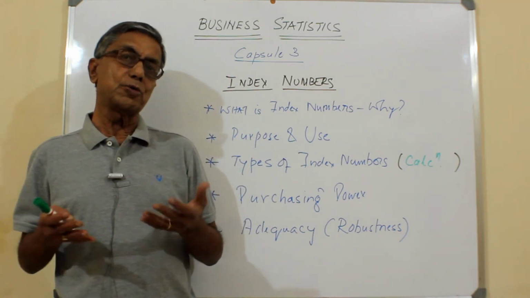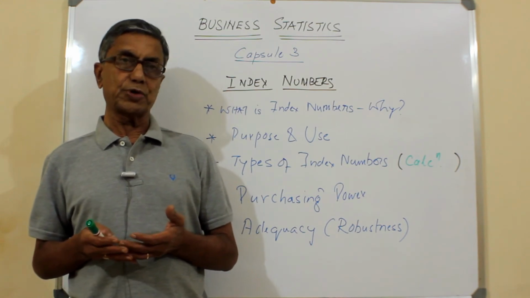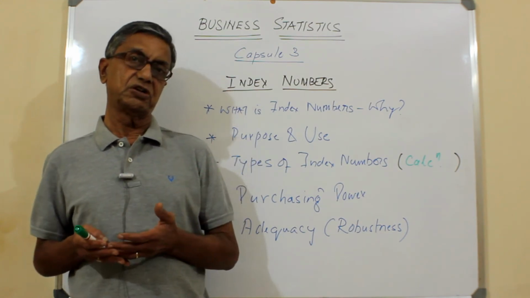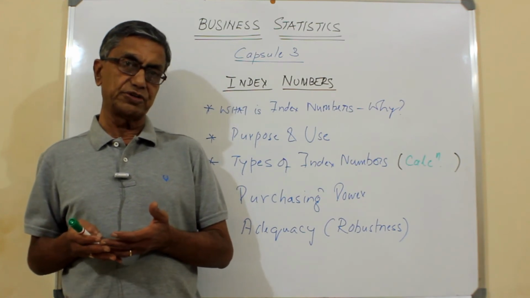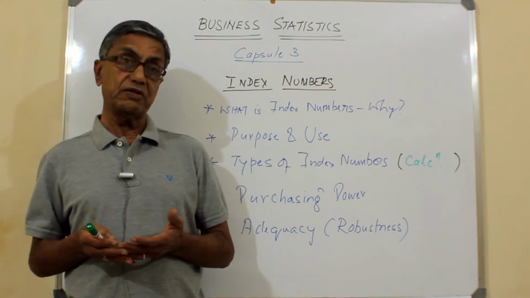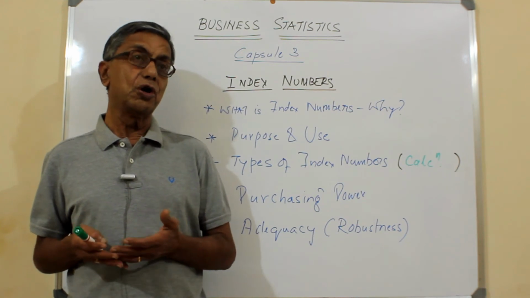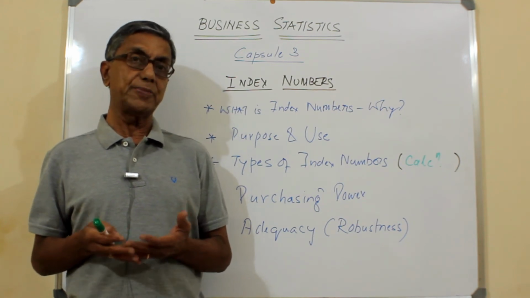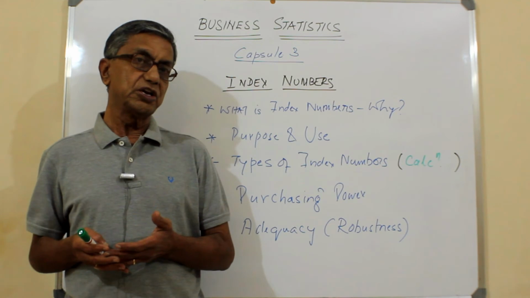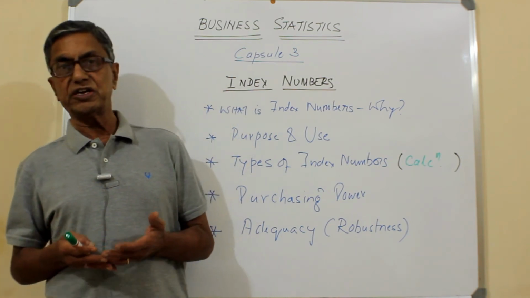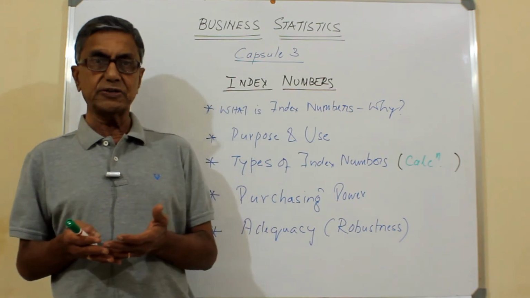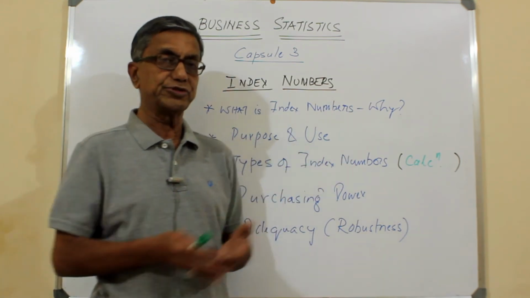For example, you talk about a large infrastructure project over several years. There are several materials, commodities and services used, and you need to plan well in advance, or you need to know how much is going to be the capital outlay. For all these things, these indices will help, because you would have studied these indices over a period of past several years, which will help you to project in the future.